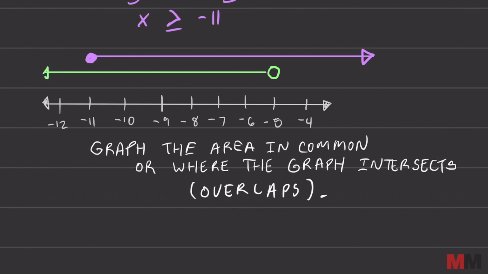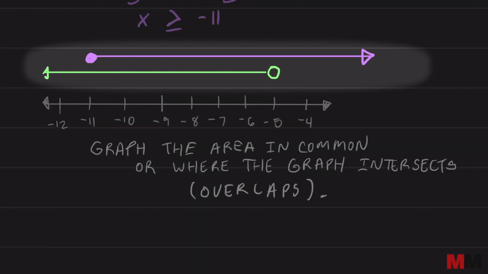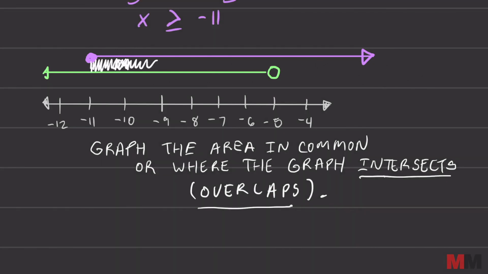To figure out what the final product looks like, all you got to do is compare that purple and green line and find the area that they overlap. Find the area that they overlap, or the word intersect, the area that they have in common, which is from negative 11 all the way to negative 5.